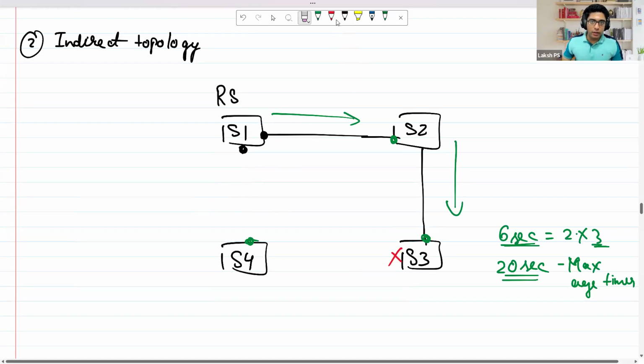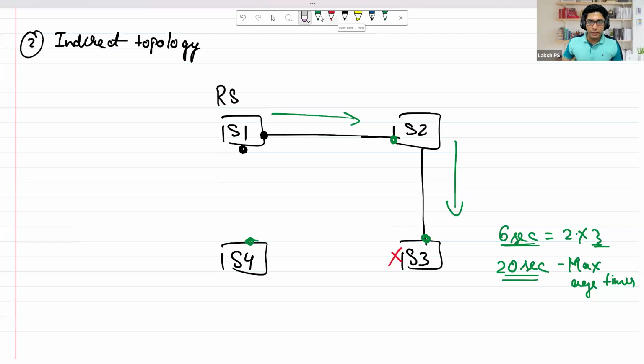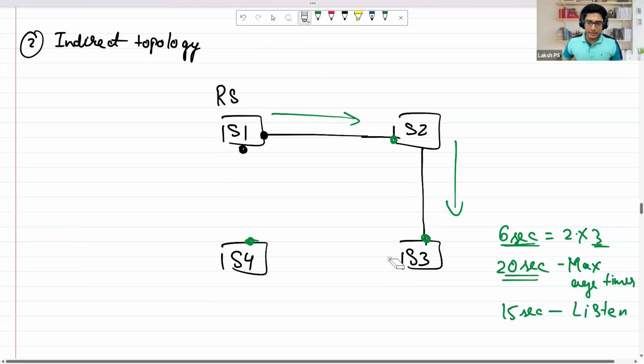Right. Now, even after 20 seconds, if the BPDUs are not received, then what happens? It will move into the listening state. However, in this listening state, it is already receiving BPDUs from its root port.